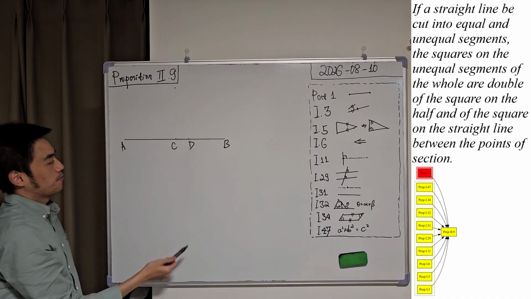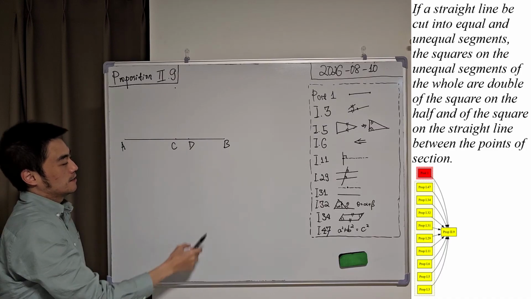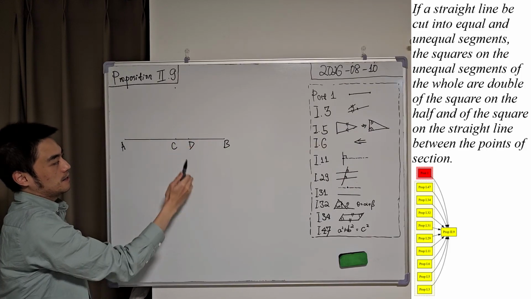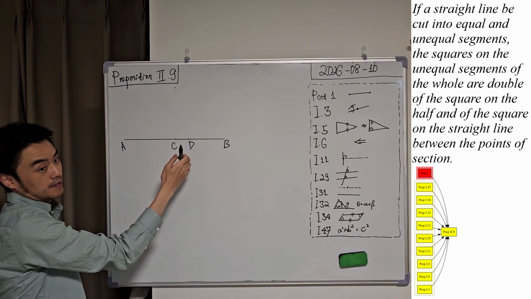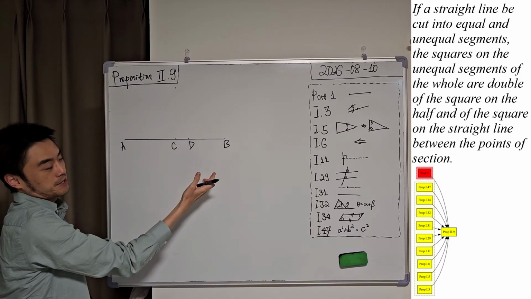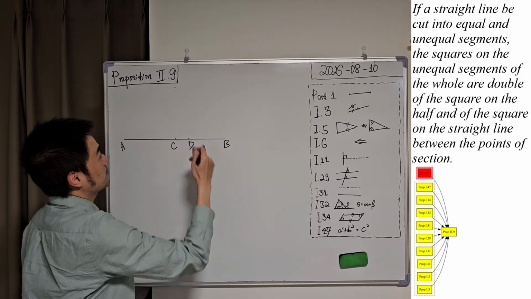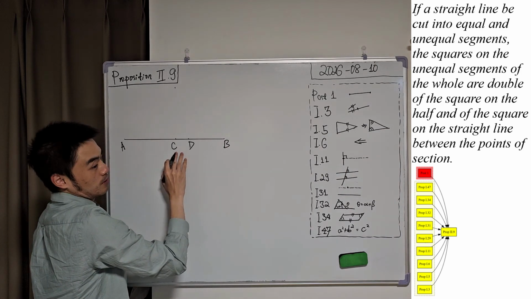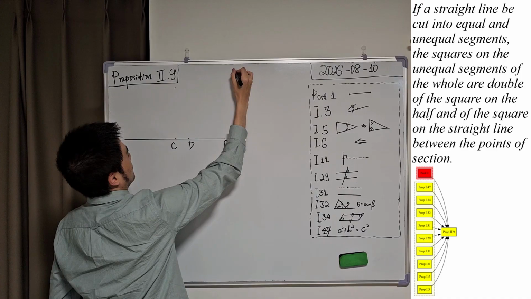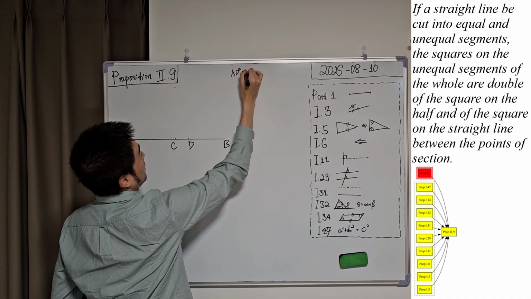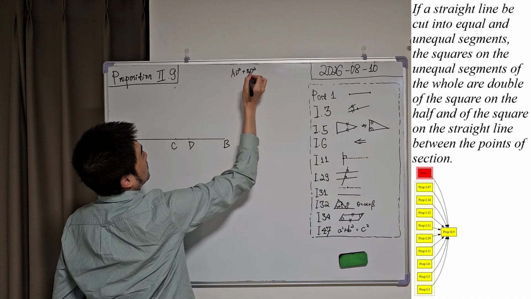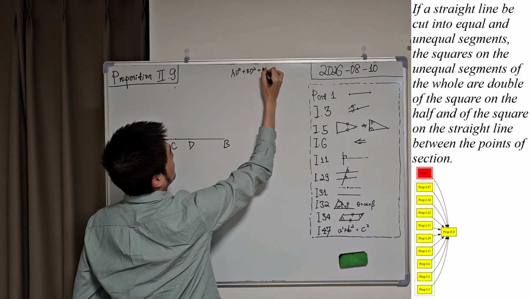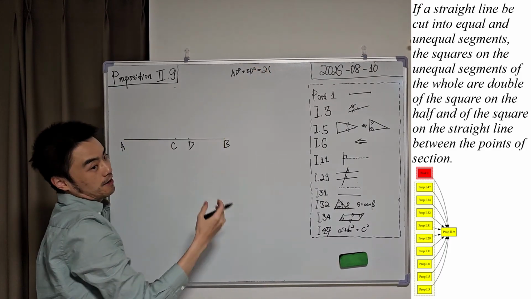It declares that if we are given a finite straight line AB and a point C that evenly divides AB into two equal segments, and another point D that unevenly divides AB into two unequal segments, AD and DB, then the squares on the two unequal segments, which means the square on AD and the square on BD, together are equal to twice the square on the half.